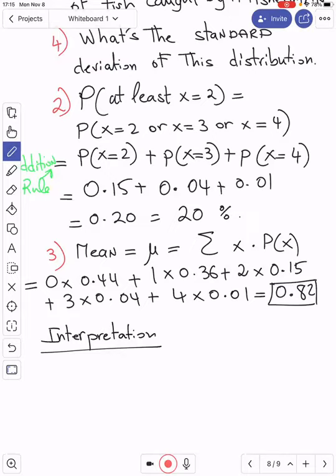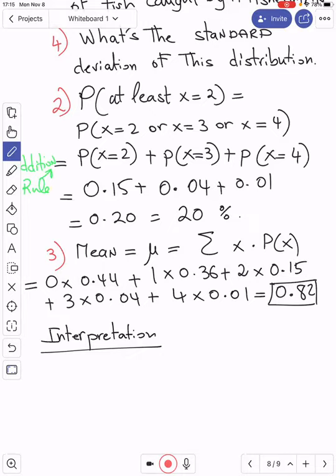Well, at least means that's like the minimum. When I say at least x is equal to 2, it means that the minimum value of x is 2. So then it would be 2 or 3 or 4. At least doesn't really mean or, but it means the minimum for the value of x.